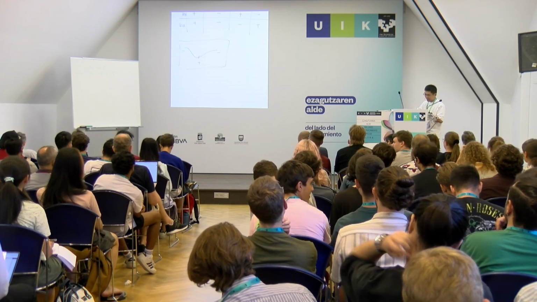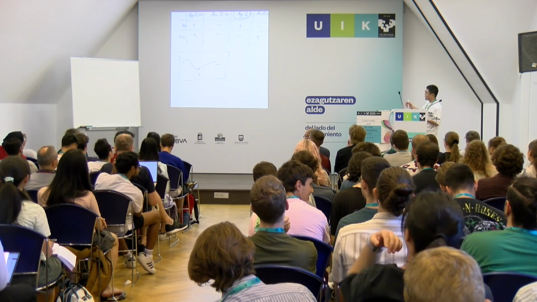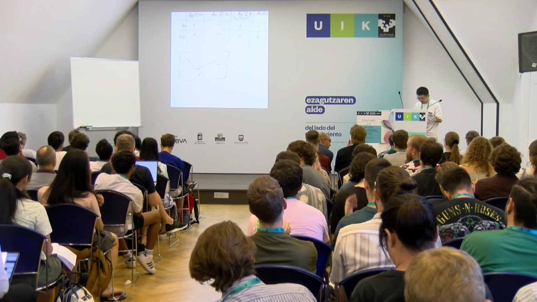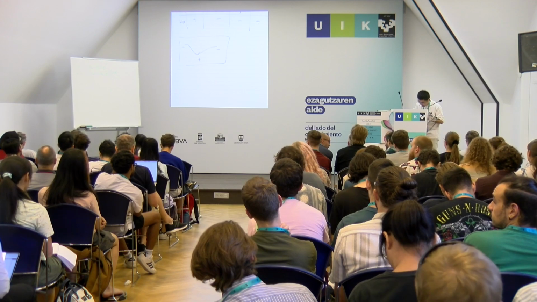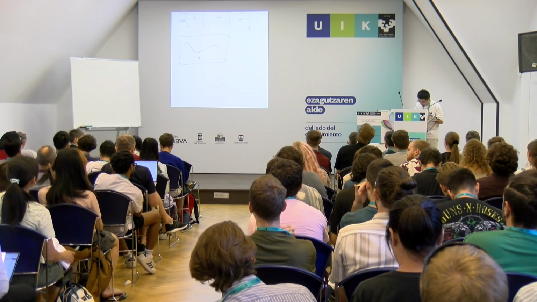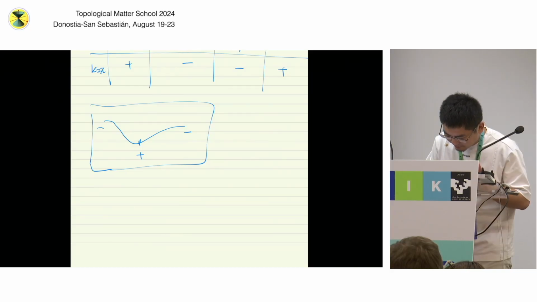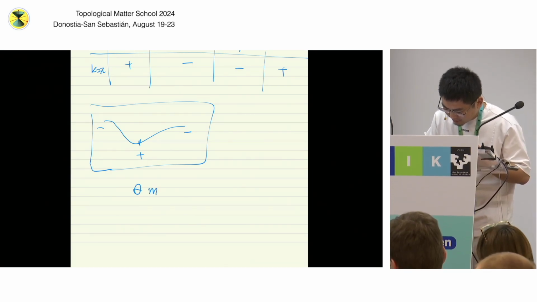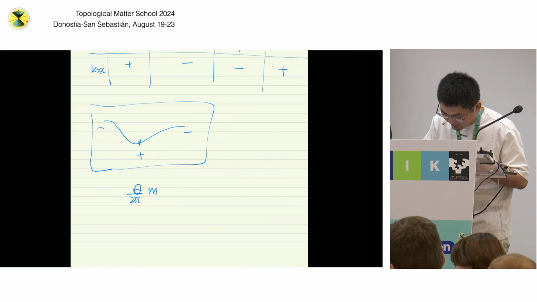So basically, from this example, we can understand that there is a constraint between the inversion eigenvalue and the Berry phase. Basically, we can have this with inversion symmetry. The Berry phase, let's denote the Berry phase as theta over 2 pi.